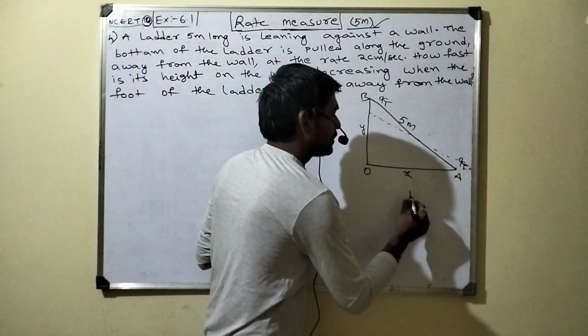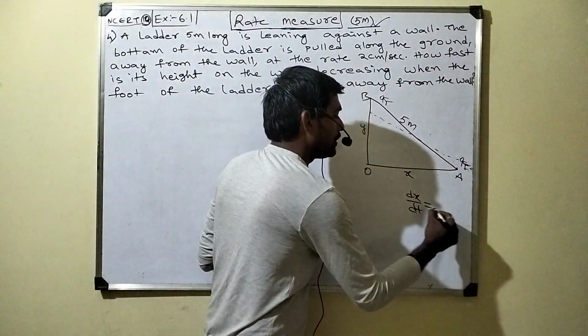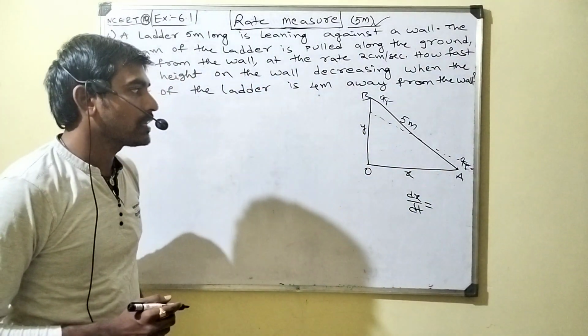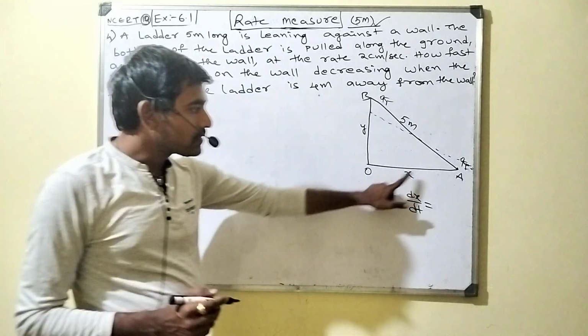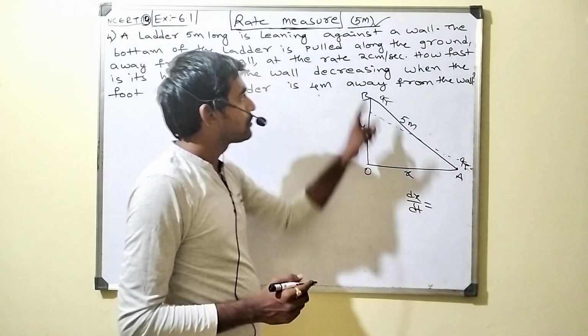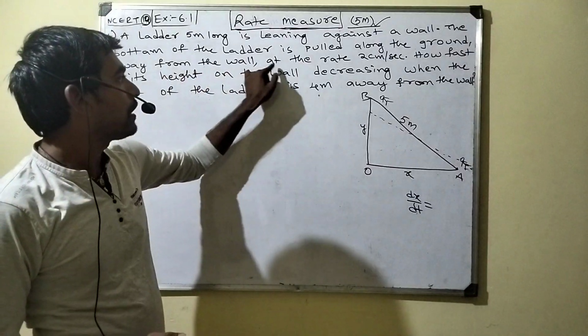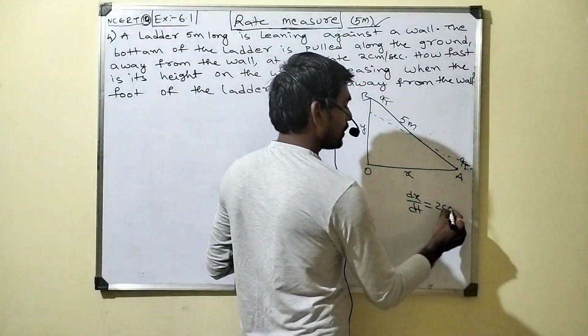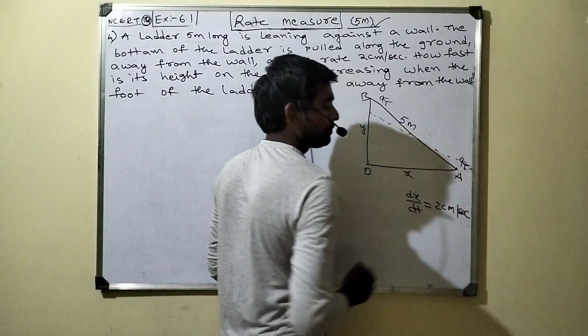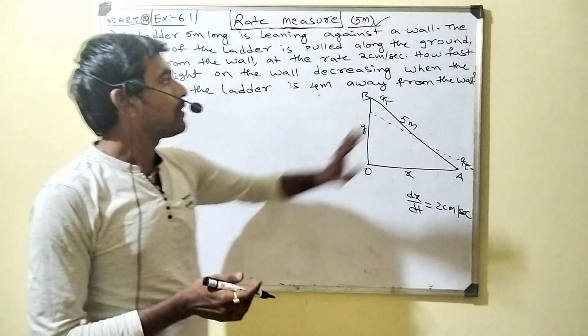Now dx by dt is what? From the given data, away from the wall at the rate of 2 centimeter per second. And what is the question?